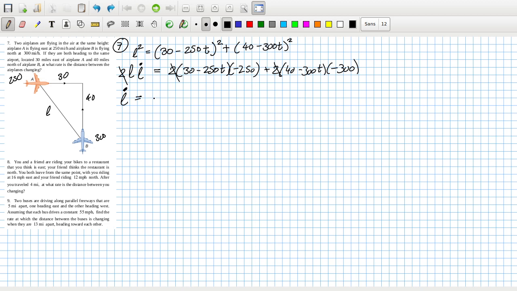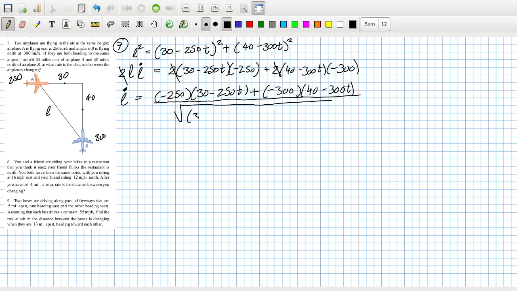So that would be, yeah, minus 250 times (30 minus 250t) plus minus 300 times (40 minus 300t) all over L, which is root (30 minus 250t) squared plus (40 minus 300t) squared.